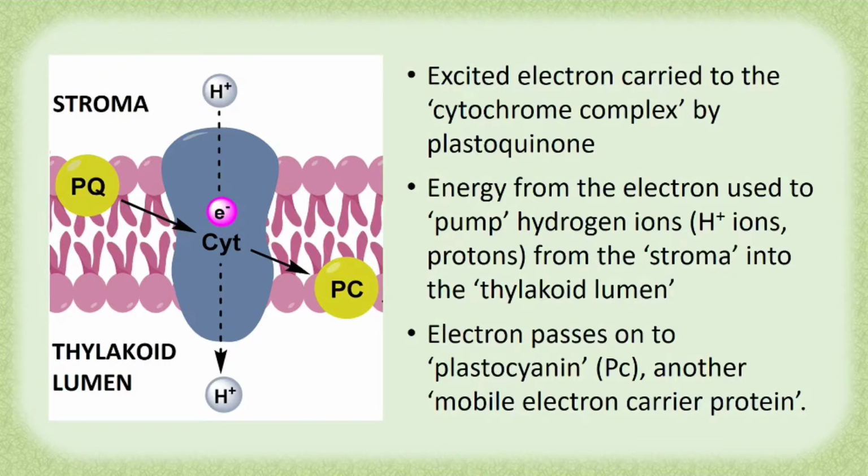So it's the energy supplied by our excited electron, the energy it gained from light energy, that is now used by the cytochrome complex to pump protons from the outside of the thylakoid, from the stroma, to the inside of the thylakoid lumen. So our electron is losing its energy here. It's no longer excited, and it's picked up on the other side of the cytochrome complex by another one of these mobile electron carrier proteins, this time called plastocyanin, which is going to carry it on to the next stage of our story.